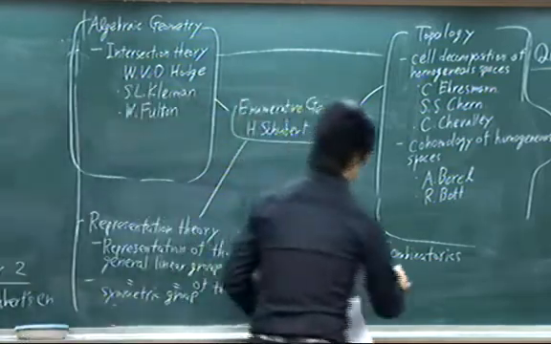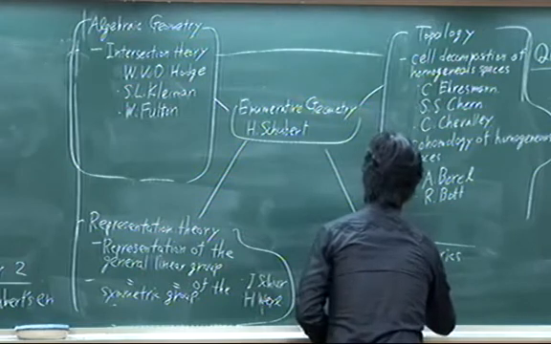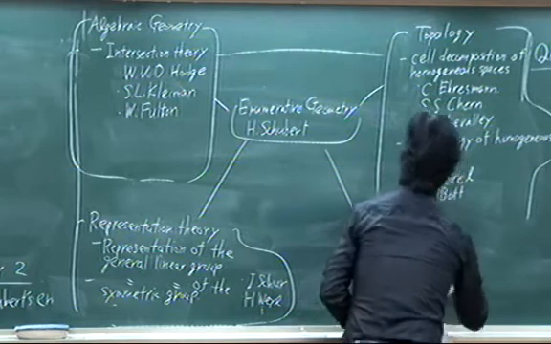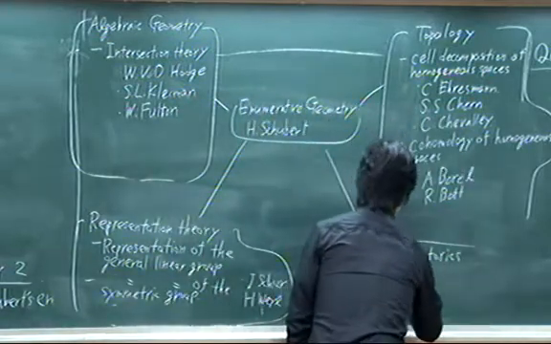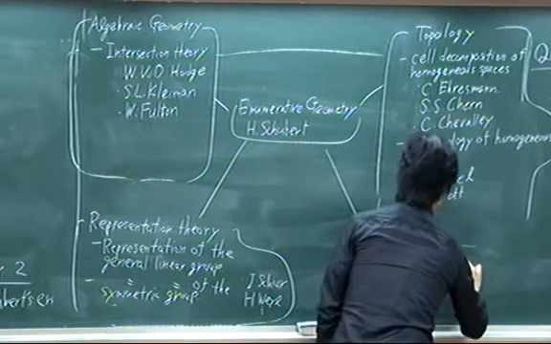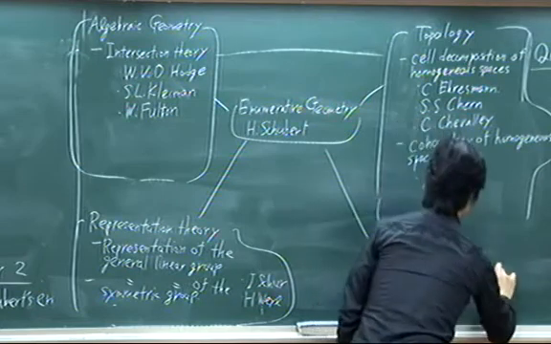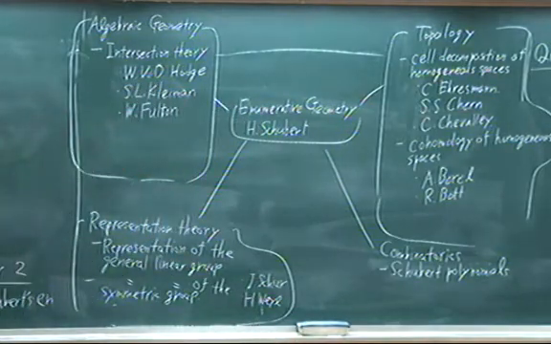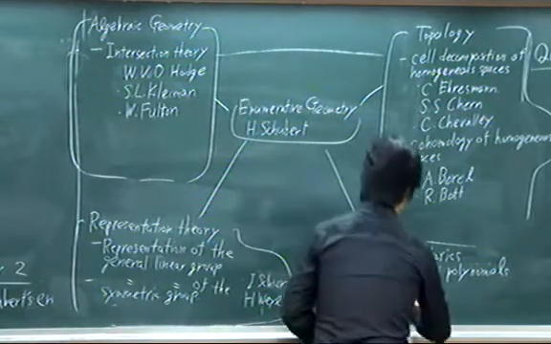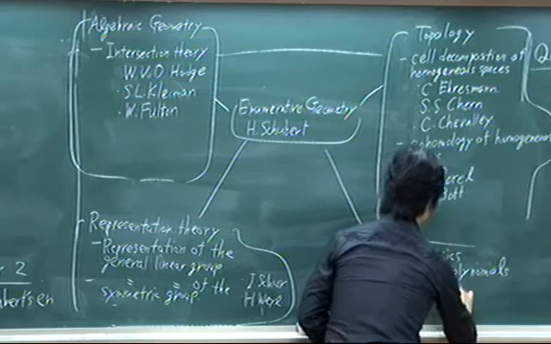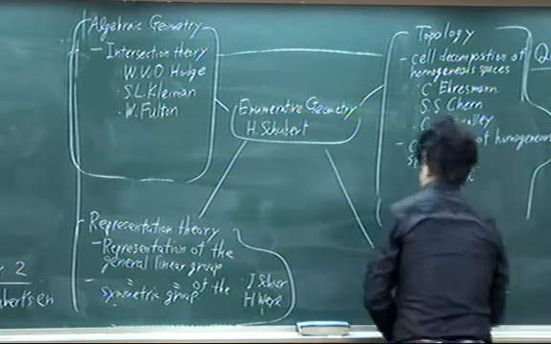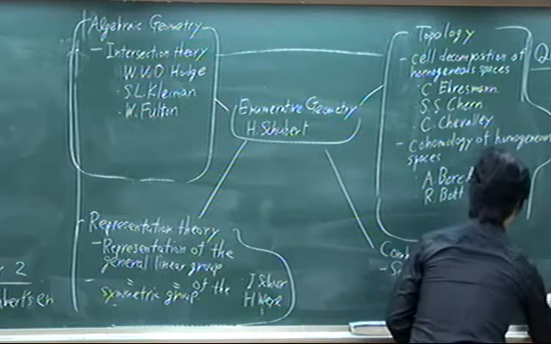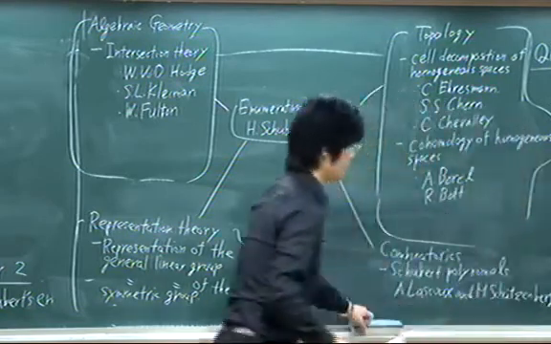For example, Alain Lascoux and Marcel Schützenberger discovered the so-called Schubert polynomials, a generalization of the Schur polynomials in a sense, in 1982.